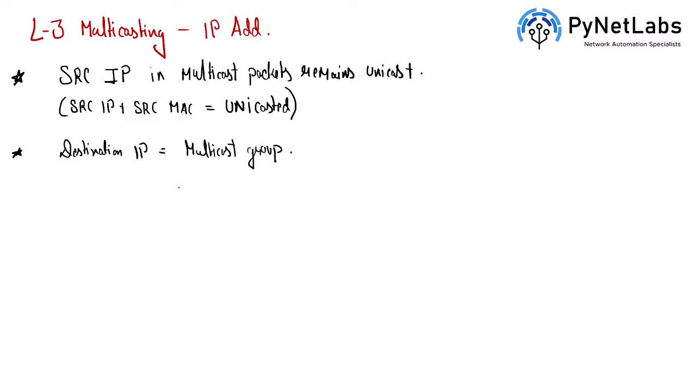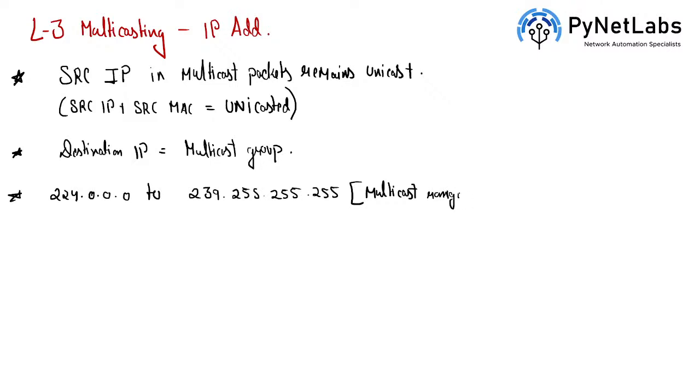For example, the whole range of multicast starts from 224.0.0.0 and ends at 239.255.255.255. This is the range we reserve for multicasting.